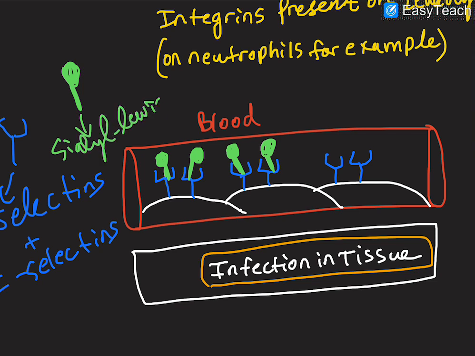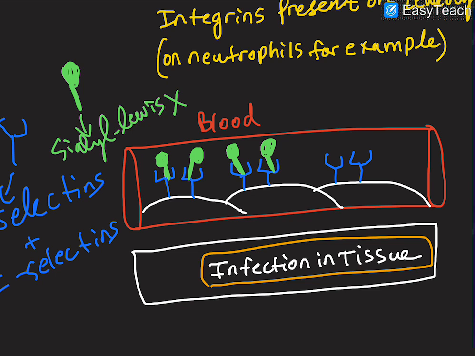Now, this molecule, the sialyl Lewis X on the leukocytes, is going to be the one to bind onto the selectins, that being the P selectins and E selectins. That's how the leukocytes slow down. And this infection that's occurring is leading to cytokine release and inflammation.